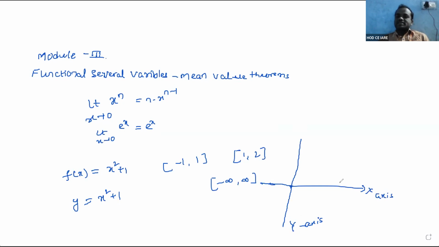The horizontal line and the vertical line intersect at 0 comma 0.